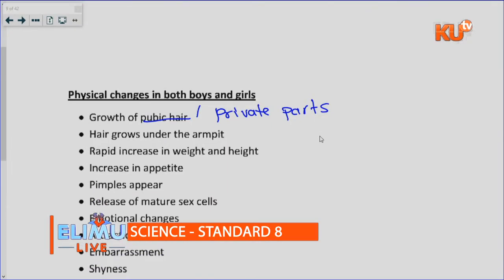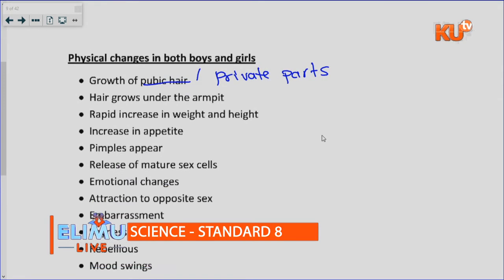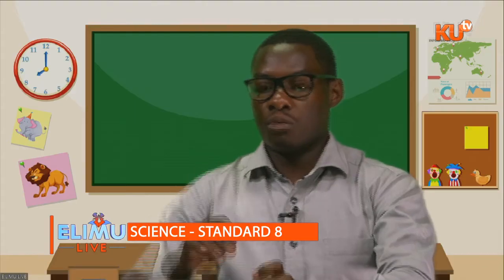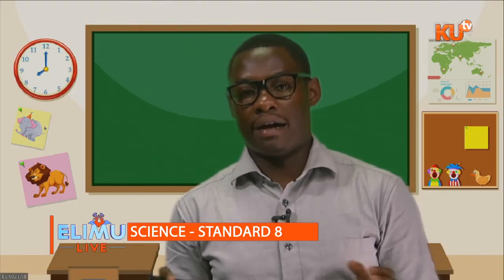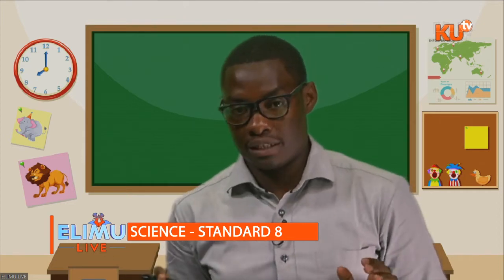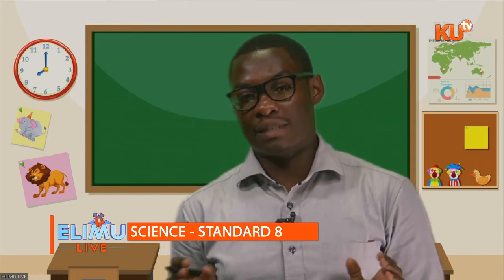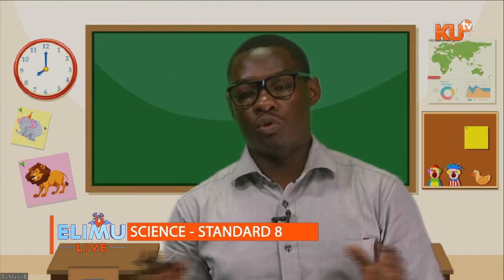We have rapid increase in weight and height. We have increased appetite, and the rapid increase in weight and height comes with a challenge to the girls. Most of the girls wouldn't prefer to have an overgrown weight. So most of them will try as much as possible not to have that weight.